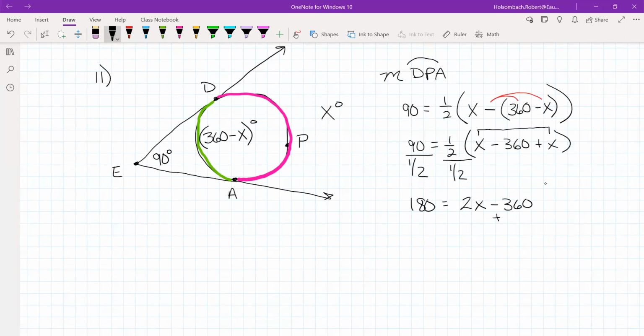So we're going to add 360 to each side. And 180 plus 360 is 540. So 540 equals 2X. And then we're going to divide both sides by 2. 540 divided by 2 is 270.